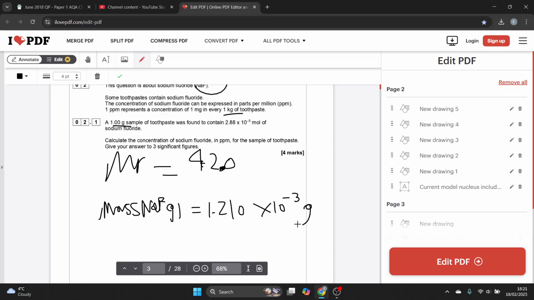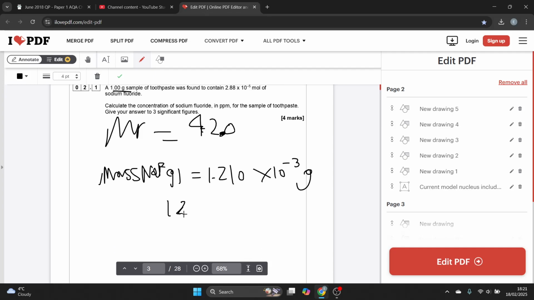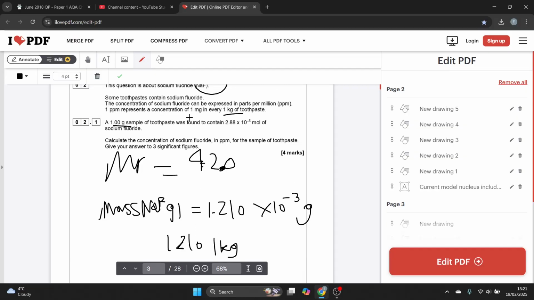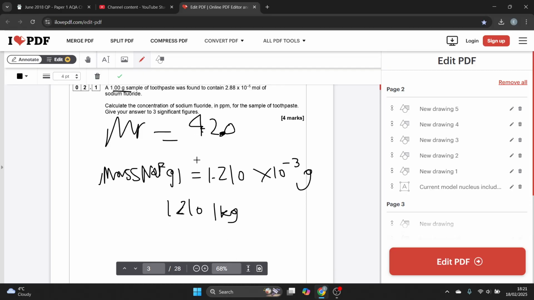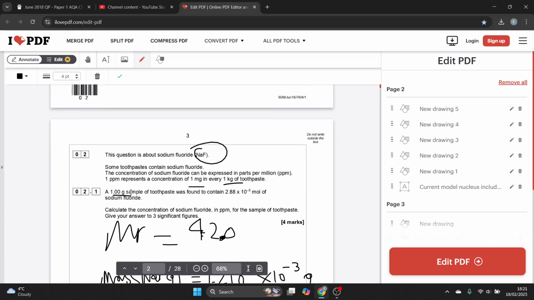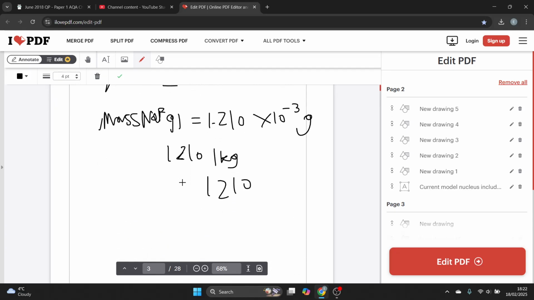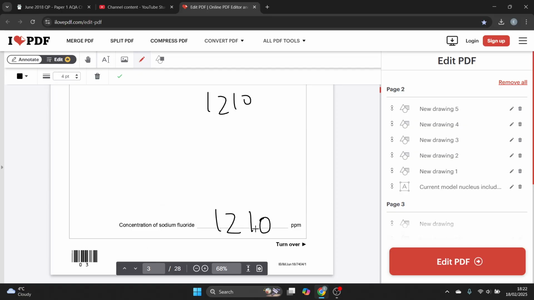Therefore, in 1 kilogram, times by 1000, so I'm going to get 1.210 grams, and that's the mass in 1 kilogram, and then into milligrams, well then times by 1000 again, so 1210, and then that is it. 1 ppm represents a concentration of 1 milligram per kilogram, so then it's 1210 parts per million.